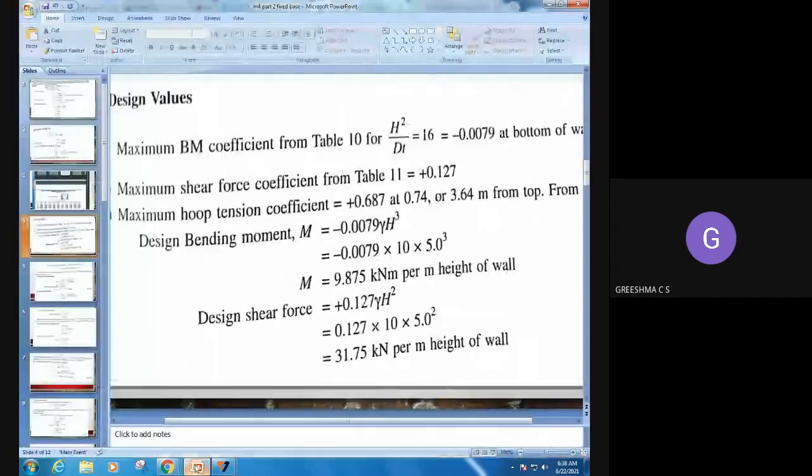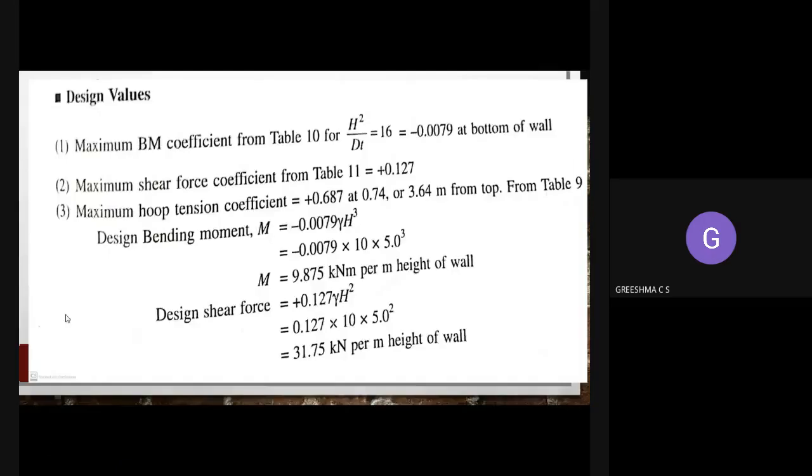So now that we have got all the coefficients, now substitute them. The equation for the maximum design bending moment is bending moment coefficient into gamma h cube. The bending moment coefficient we have found is minus 0.0079. Substitute gamma into h cube.